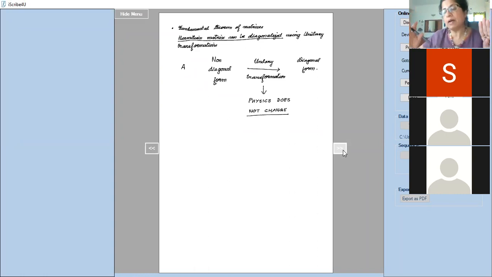Everybody with me right now? That you can take any operator, even if it is in a non-diagonal form, you can do a unitary transformation to make it a diagonal form. How do I know? Because of this fundamental theorem of matrices. Okay. Now, in the diagonal form, we learned something interesting, right? What happens in the diagonal form? Today itself, we learned that the trace of A is what?